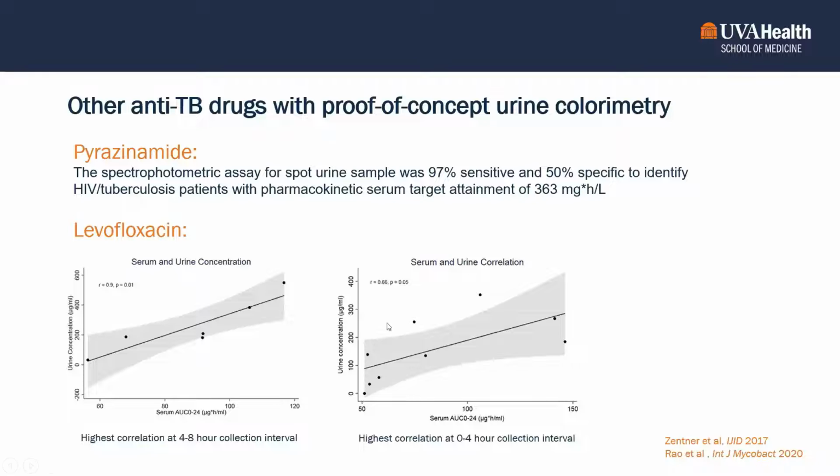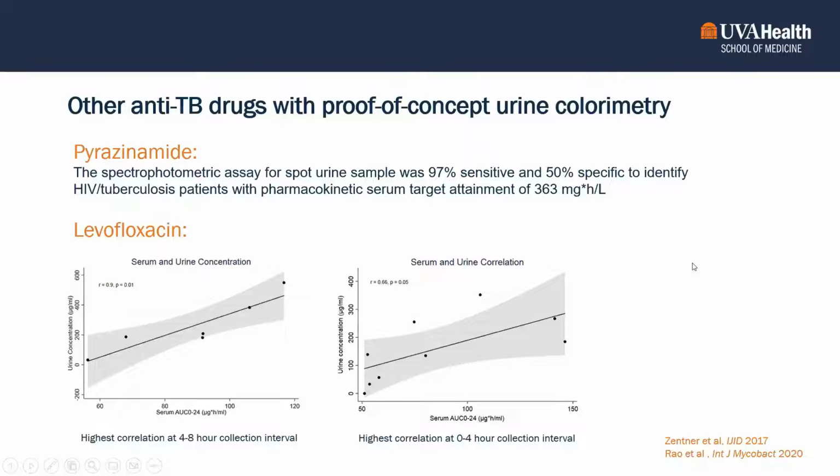The pyrazinamide study was done by our collaborator, and they had a derivation study and a validation study. In their validation study, they found that the spectrophotometric assay using urine, which was also for a spot sample, was 97% sensitive in detecting pharmacokinetic target attainment of 363 milligram hour per liter.